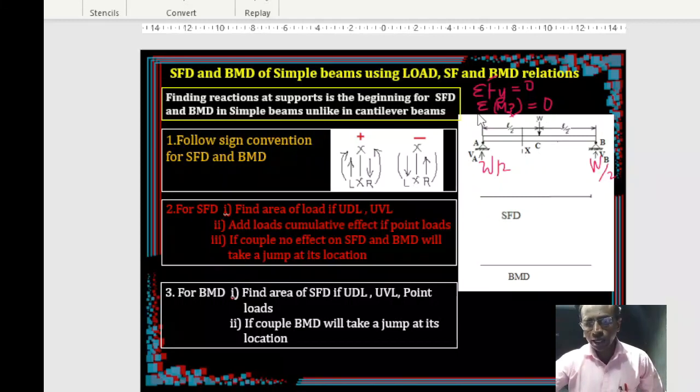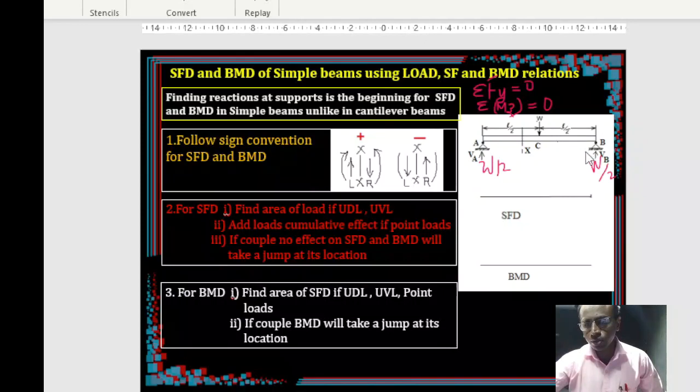In cantilever beams, you don't have to find the reaction. You can straight away start the shear force and bending moment diagram using the relationships between shear force and bending moment, because a cantilever has a free end. You can start the construction of the SFD and BMD from the free end, but here it is not possible.